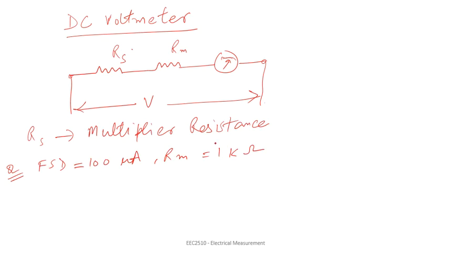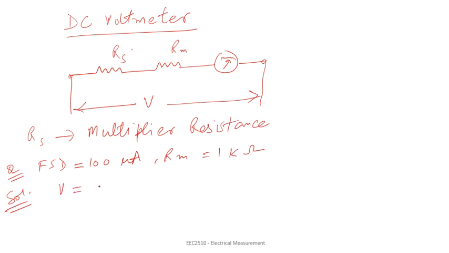Determine the required multiplier resistance if the voltmeter is to measure 50 volt at full scale. Also calculate the applied voltage when the instrument indicates 0.8 of full scale deflection. The circuit is drawn already above, you can use the same circuit.